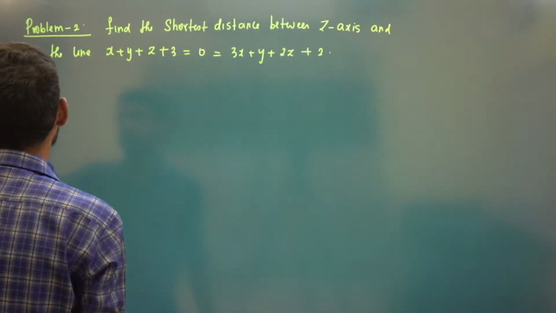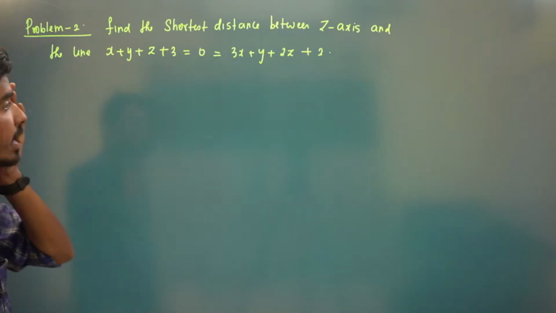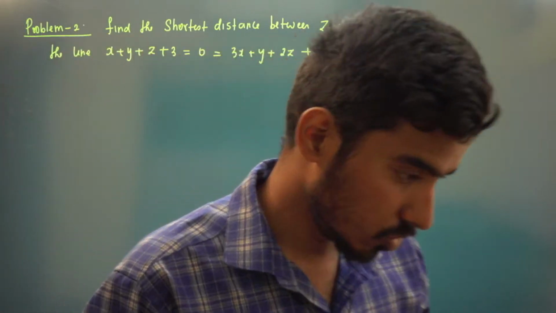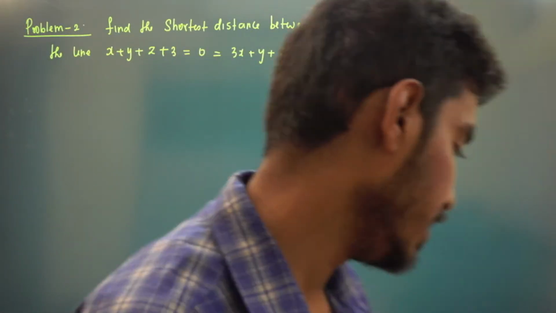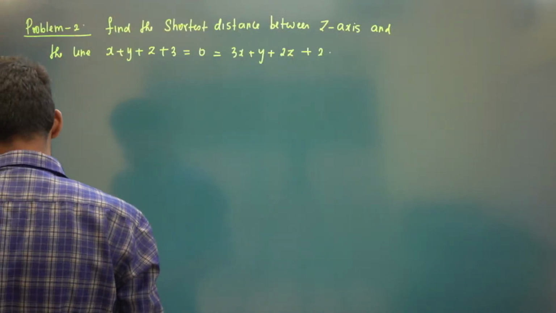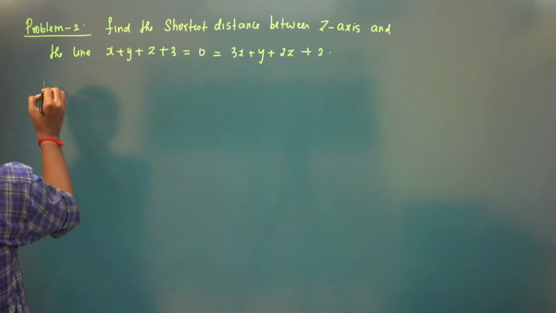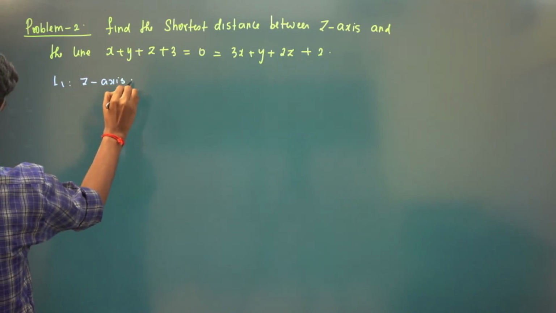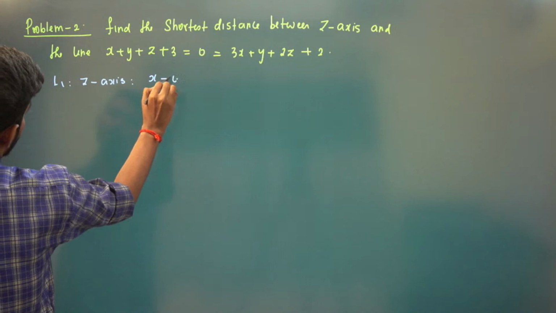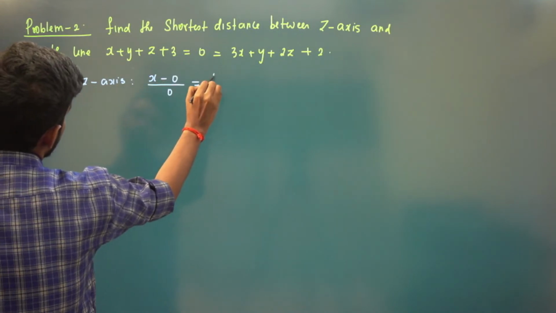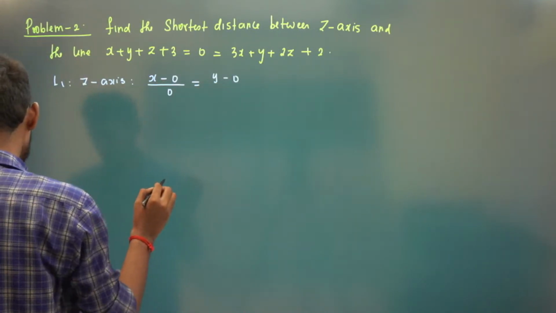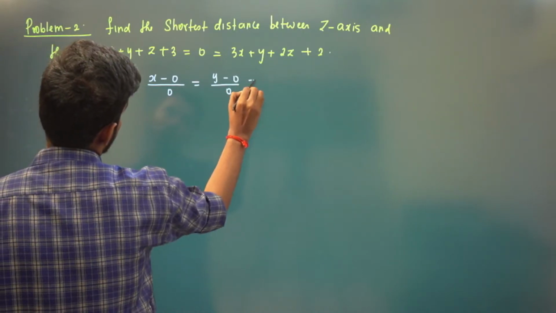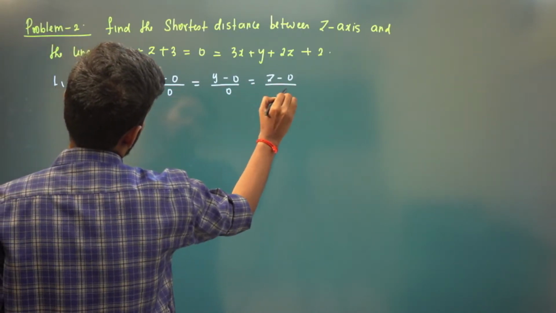Okay, so find the shortest distance between the z axis and the line. What is the equation of the z axis? L1 is the z axis, right? It is x minus 0 by 0, y minus 0 by 0, z minus 0 by 1, right?